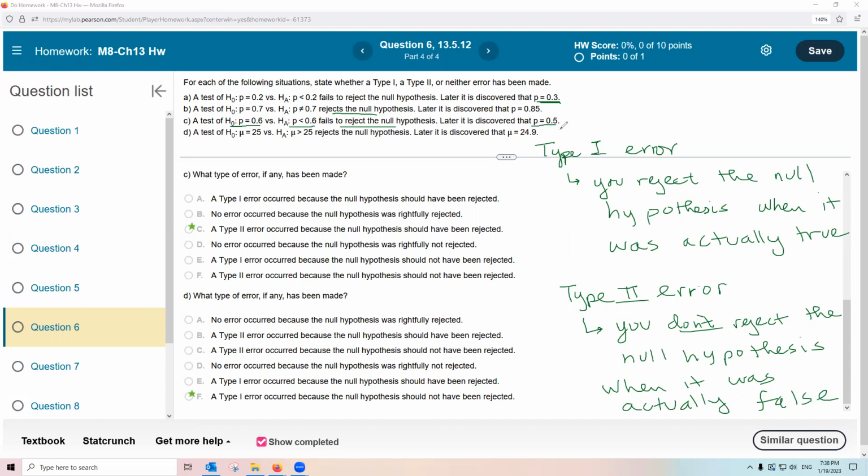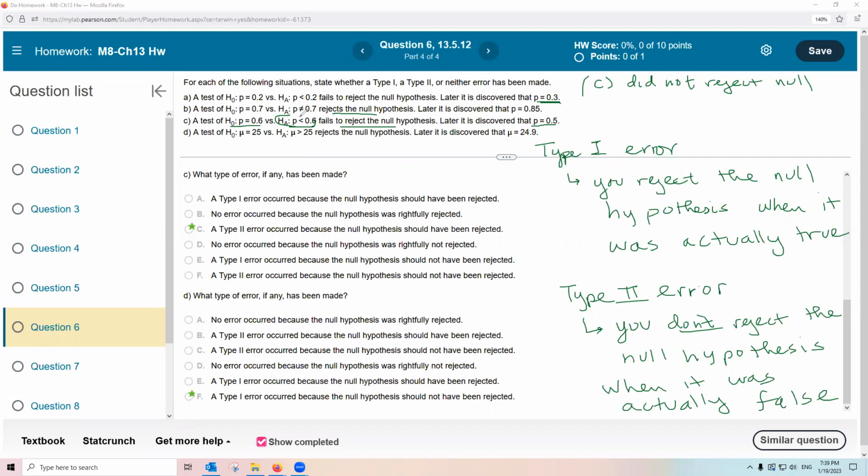Well, we did not reject the null here. But what should we have done? Well, if p is equal to 0.5, we should reject the null, right? Because the alternative is p less than 0.6, and p is actually equal to 0.5.